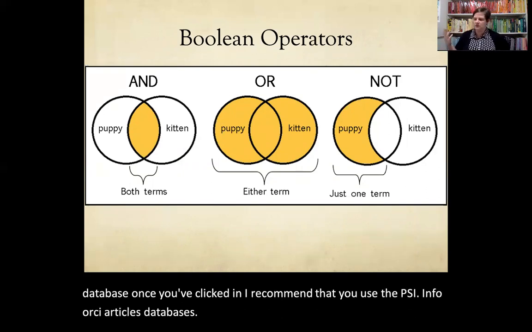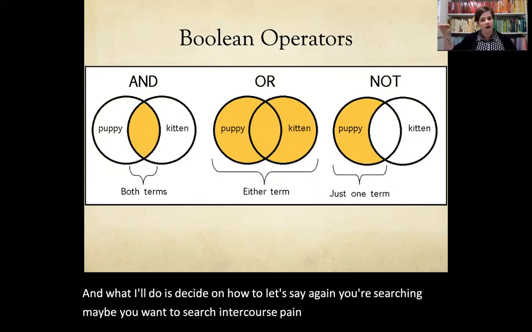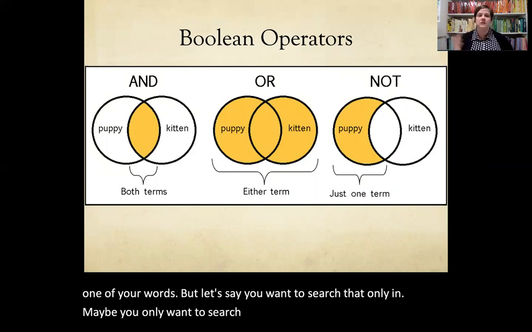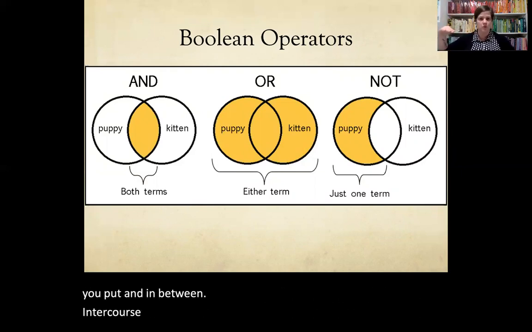And what you'll do is decide on how to, let's say, again, you're searching, maybe you want to search intercourse pain. So intercourse might be one of your words, but let's say you only want to search that in trans women. Well, then you'd put and in between intercourse pain and trans women.